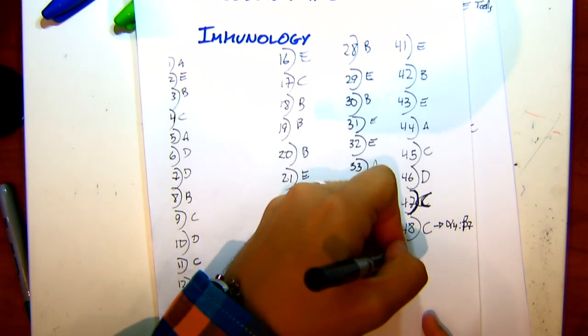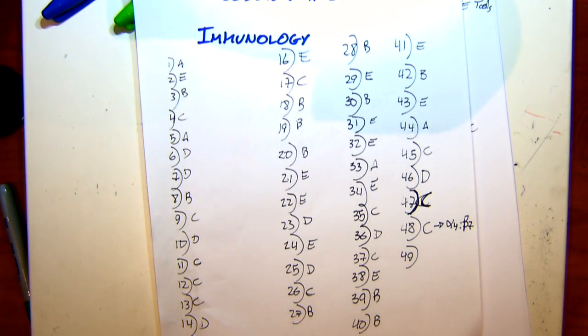So then 49. This is from the last test. When you have a helminth infection, the type of response that's more effective is going to be what? TH1 or TH2? TH2, right?